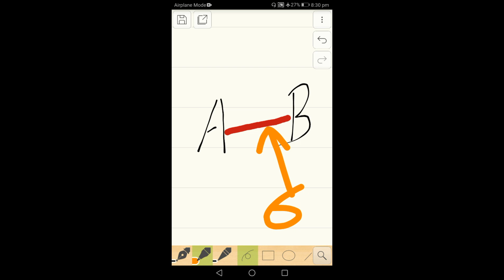If there is a double bond between the two atoms, then only one bond is sigma and the other bond will be a pi bond. If there is a triple bond, one bond will be sigma and the other two bonds will be pi bonds. So between two atoms, always one sigma bond is formed and the rest of the bonds are pi bonds.